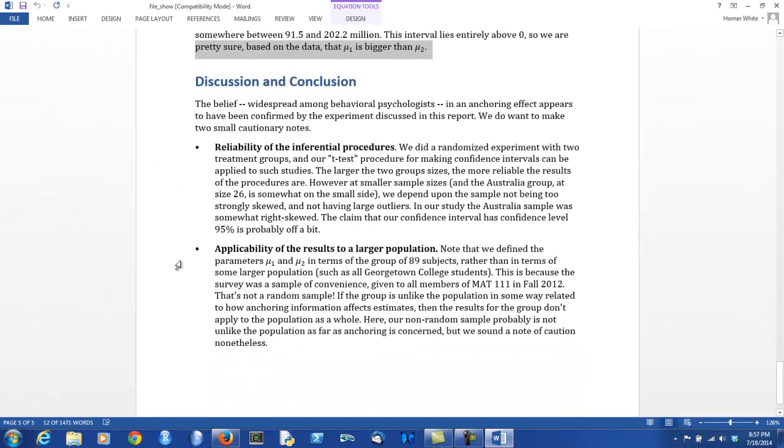In the final section, discussion and conclusion, we draw our general conclusion that the anchoring effect does indeed appear to have been confirmed by this experiment, but this is also a good section to do such things as consider safety checks. What's the reliability of the inferential procedure that you used?